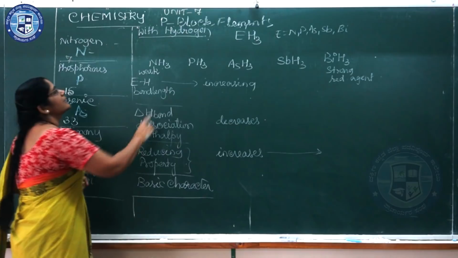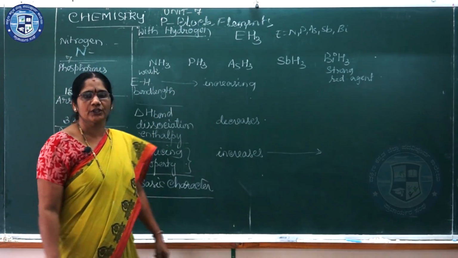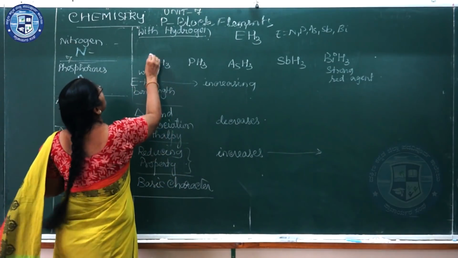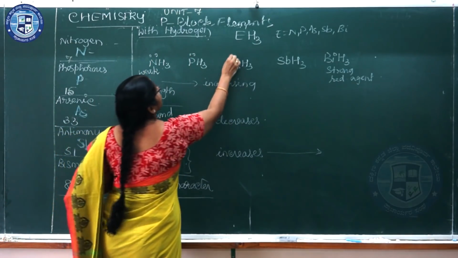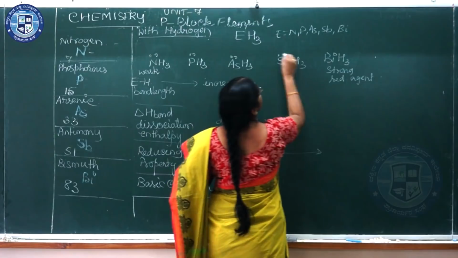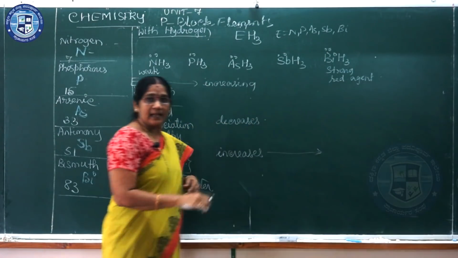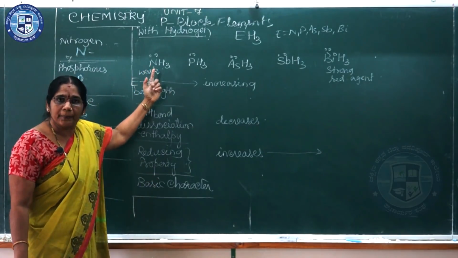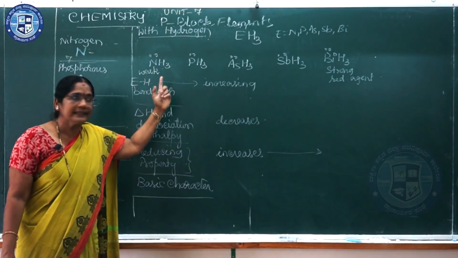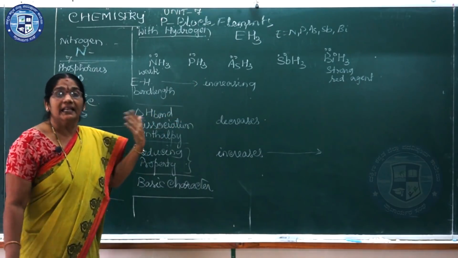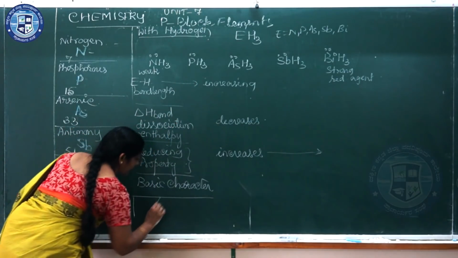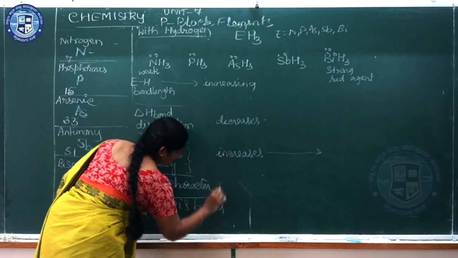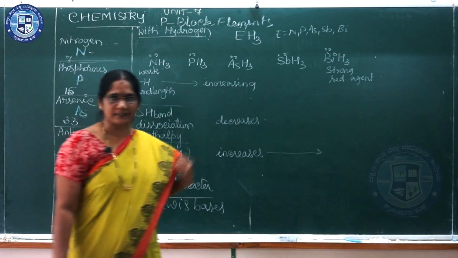All these elements form 3 bonds with hydrogen using the 3 p electrons, whereas the 2 electrons of the s orbital are present on these elements as a lone pair. So the lone pair of electrons present on these atoms make them Lewis bases, which can be donated. So these act as Lewis bases.